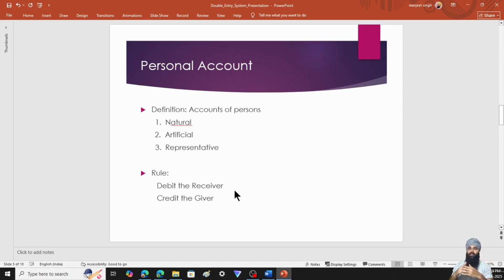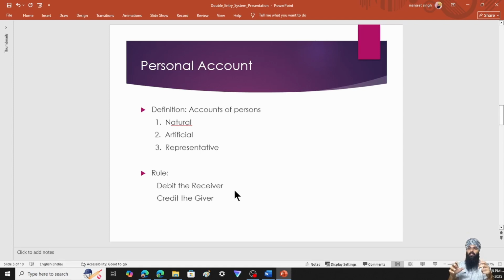A natural person is like me, you, or any of your family members, right? And an artificial person is a person who came into existence as per the law of any country, right? And the third one is the representative account. That means an account belonging to a group or a category rather than an individual person.